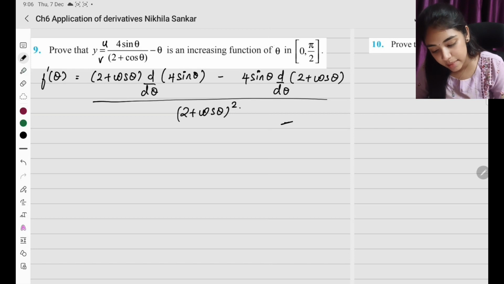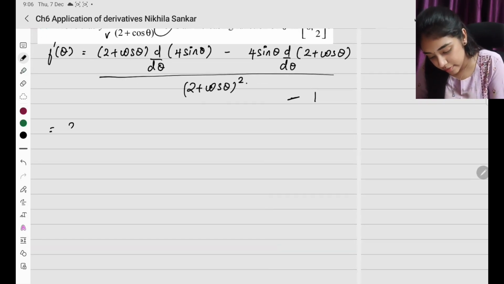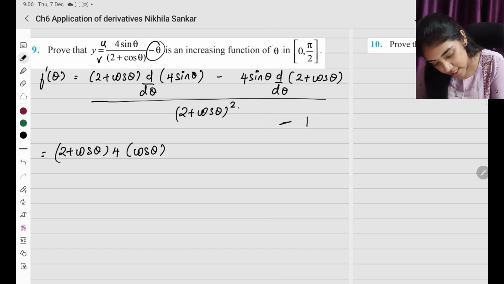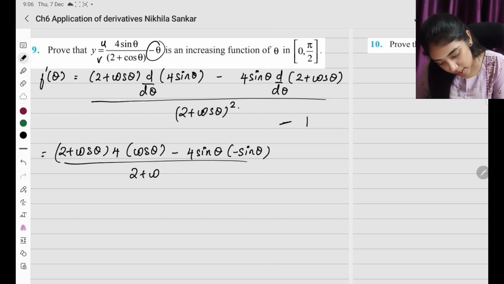D by d theta of theta is going to be 1. So when I solve this, I have 2 plus cos theta times 4, which is a constant, times the derivative of sin theta, which is cos theta, minus 4 sin theta times the derivative of 2 plus cos theta, which is minus sin theta, divided by 2 plus cos theta the whole square, minus 1.